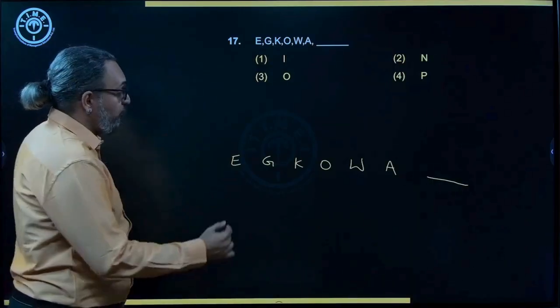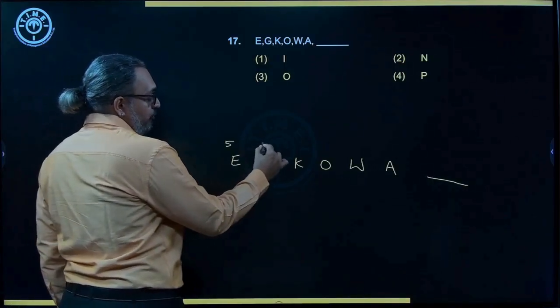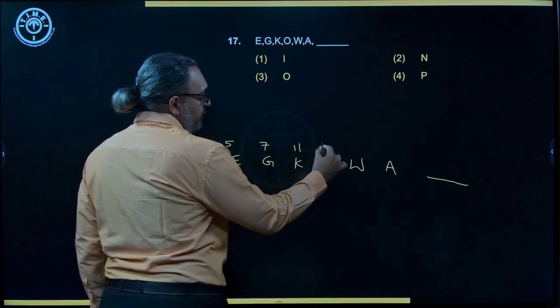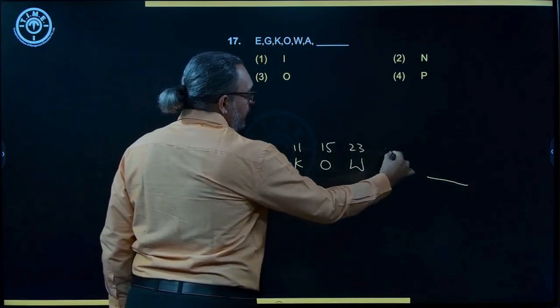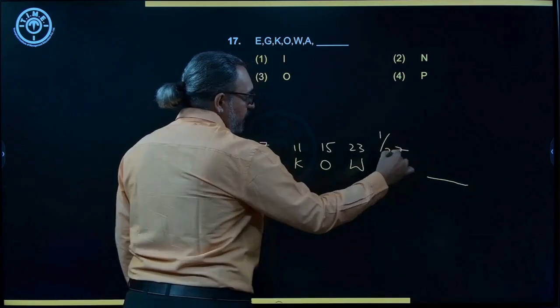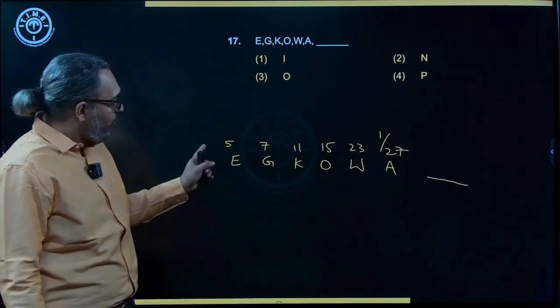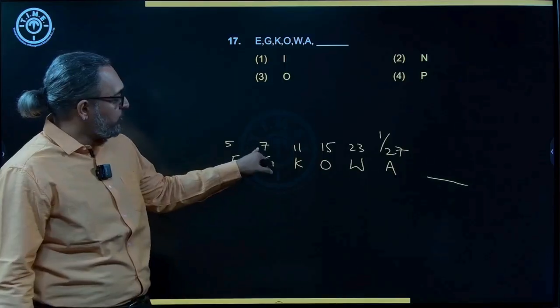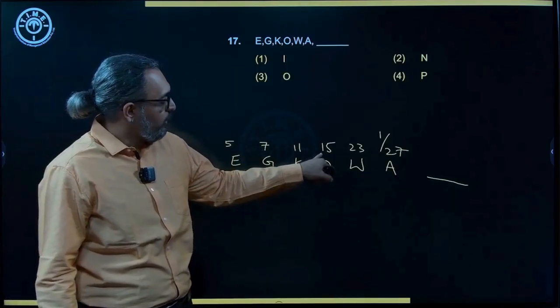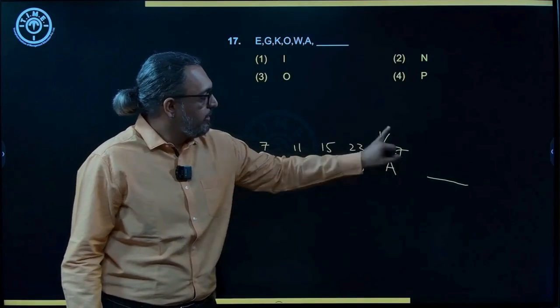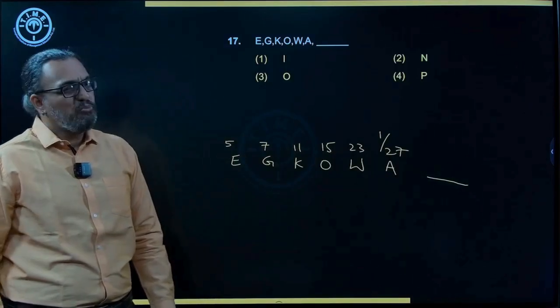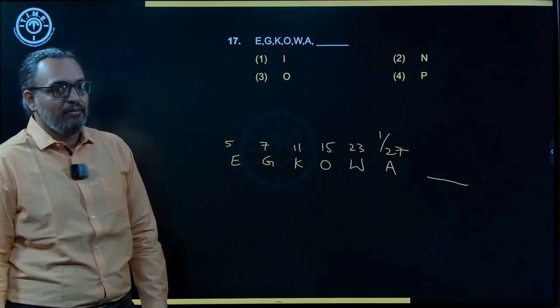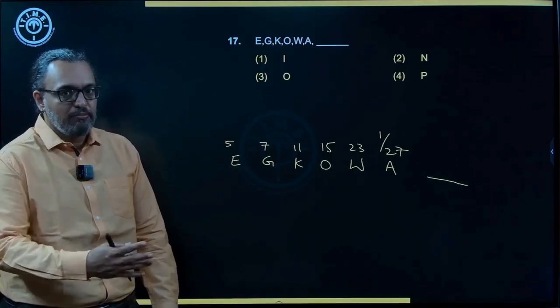Now if you look at them as consecutive numbers, we have 5, 7, 11, 15, 23. Let's say this is 27 because it is the first alphabet, or 27th alphabet. By taking addition, here I am getting plus 2, plus 4, plus 4. Then this is plus 8, plus 4 again. So something not relevant, something random numbers.